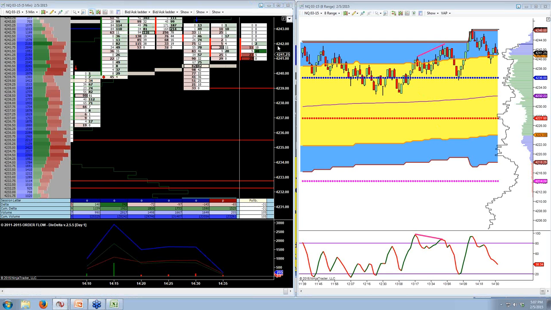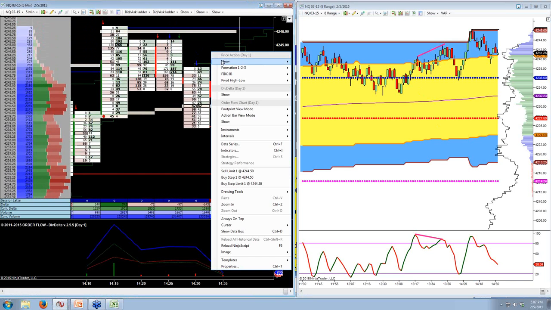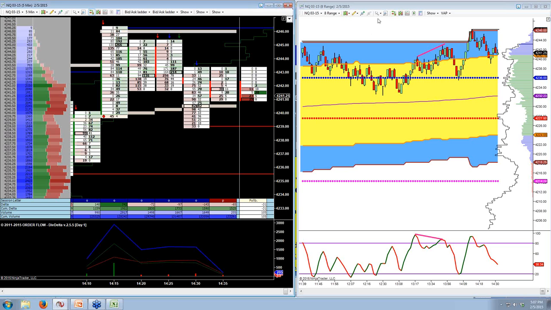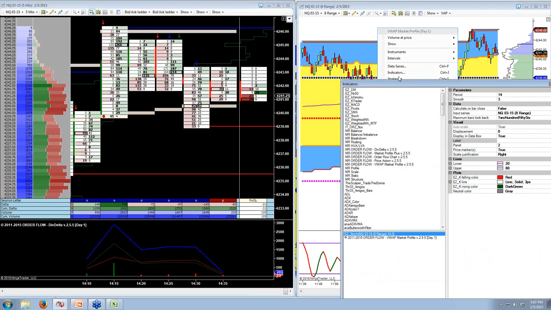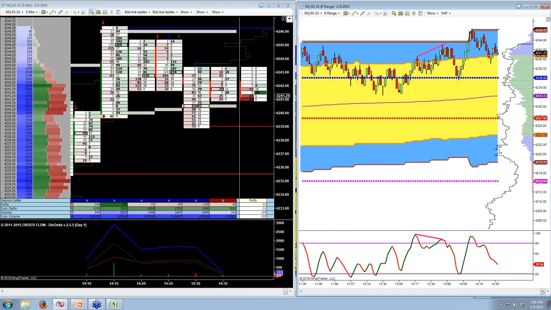So here on the order flow, you'll just start a regular old chart like you do, and then you would put on the one indicator that Maria has, or actually, however many you want. You've got the order flow and the price action. Those both go on one chart. And then if you want the divergence delta, that goes on that chart. And then over here, you're just going to put on the order flow VWAP market profile. And so those all come with the package.